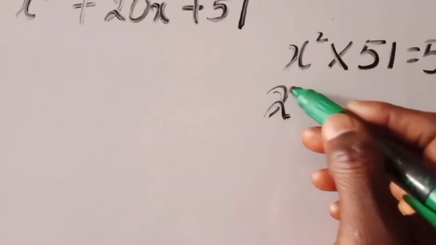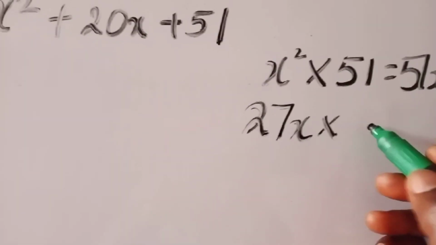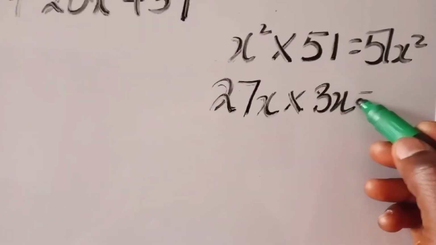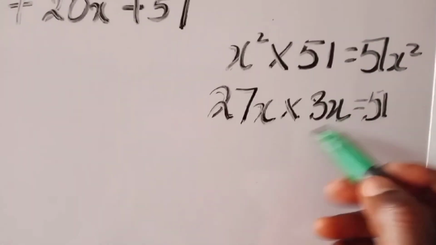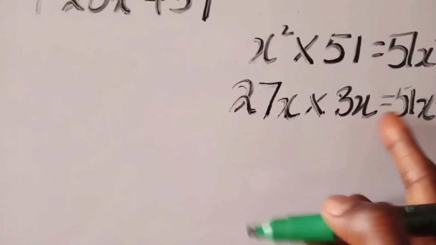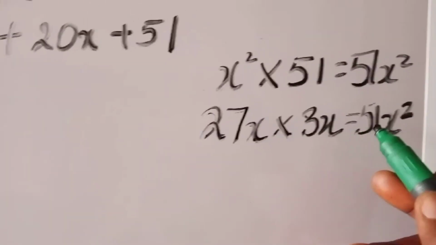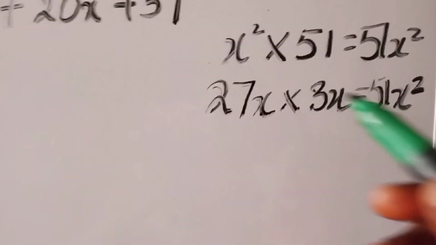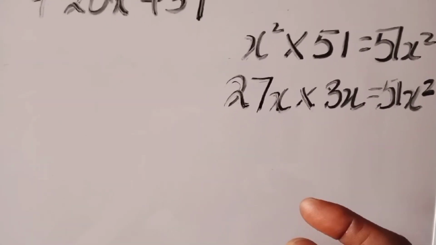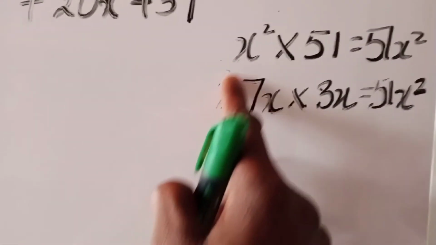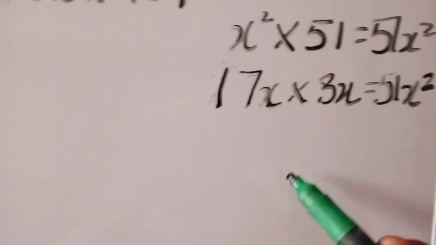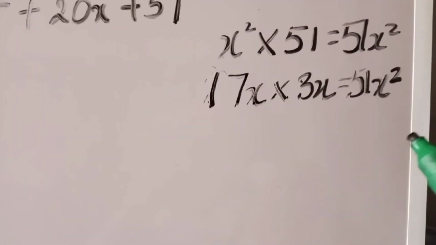These are the two numbers to consider among several other numbers. You can consider 17x times 3x. Now, 17 times 3 is equal to 51, and x times x is equal to x squared. So 17x times 3x perfectly fits the first condition. Let's also see if the second condition is satisfied.